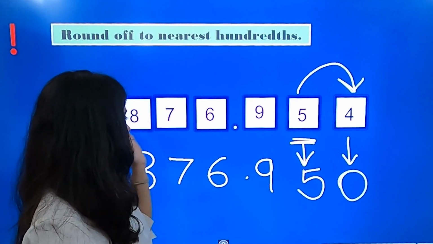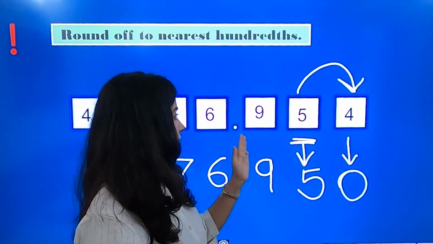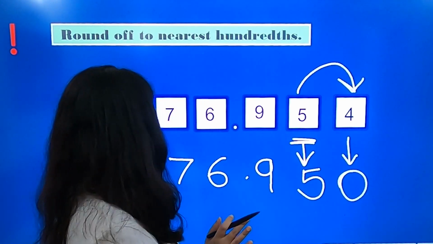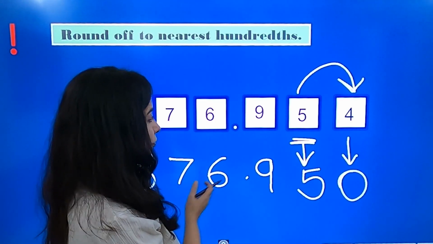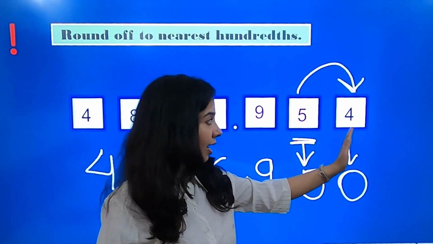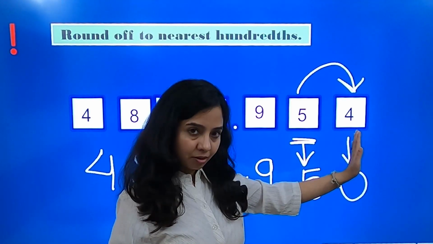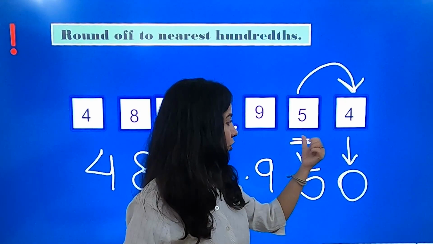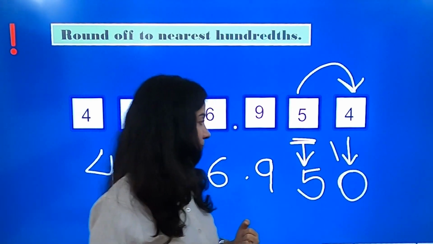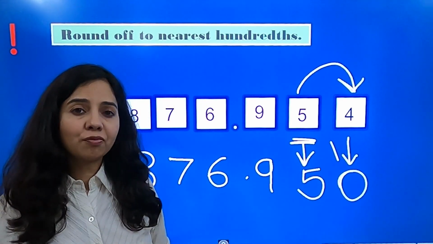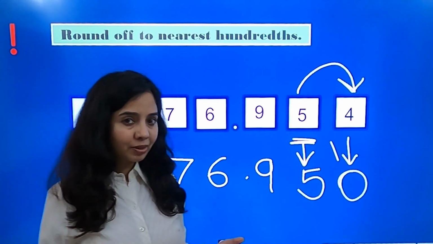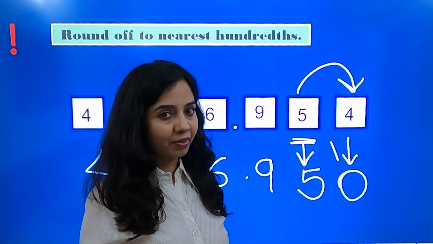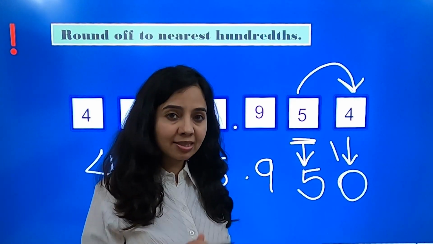And if that domino effect of 9 doesn't work, usually all the numbers which are bigger than the focus digit remain the same, and the digits on the right side of the focus digit will become 0. That is how we can round off any number, whatever number will be given to us, and till whatever place value they have asked, because the principle remains the same.